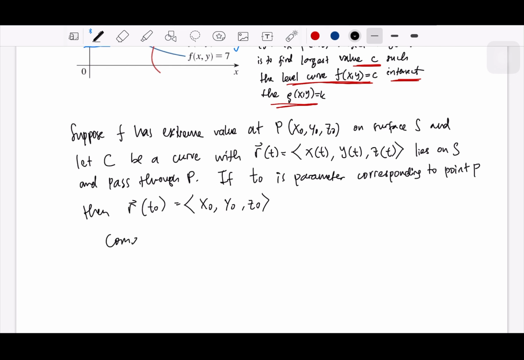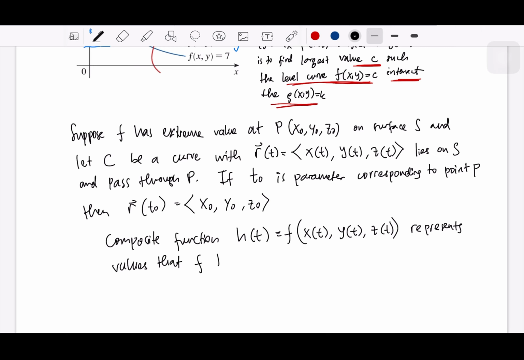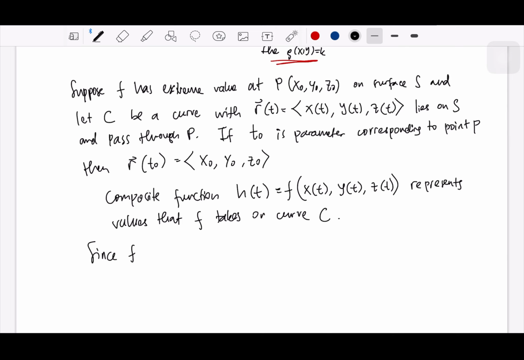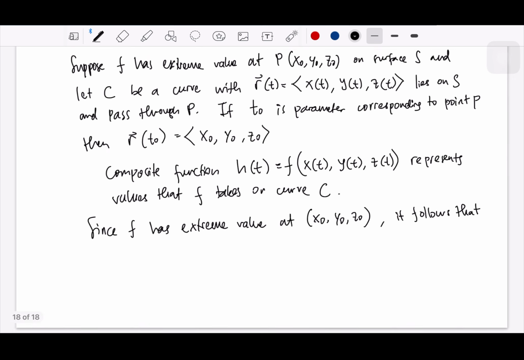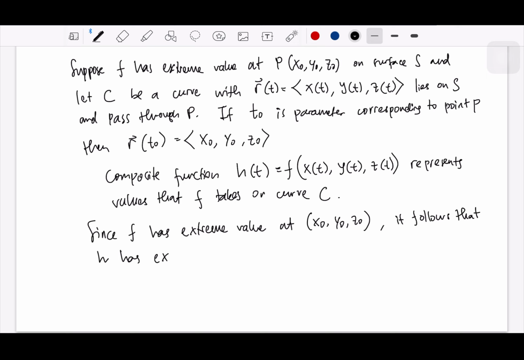And the composite function h of t equals f of x of t, y of t, z of t will represent the values that the function f takes on curve C. Since f has an extreme value at x0, y0, and z0, it follows that h has an extreme value at t0.